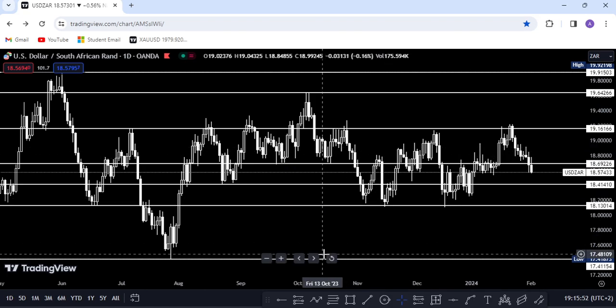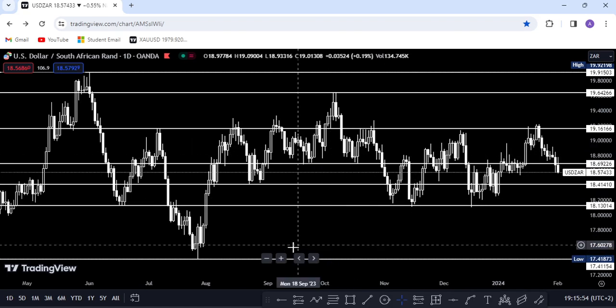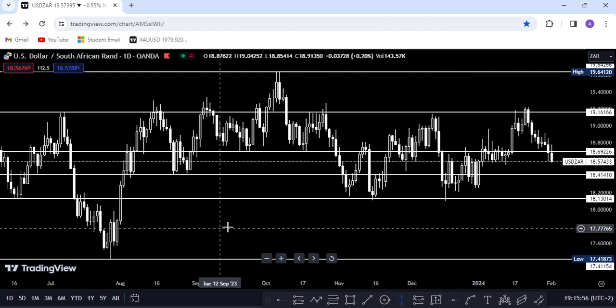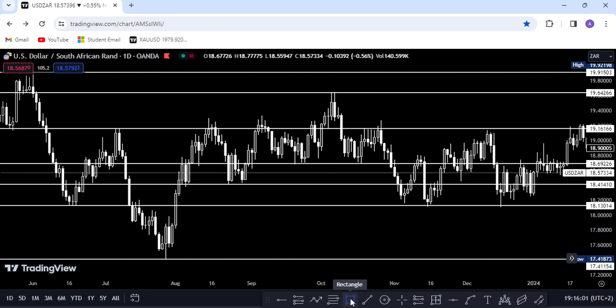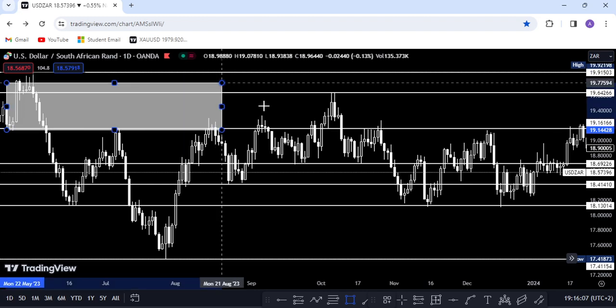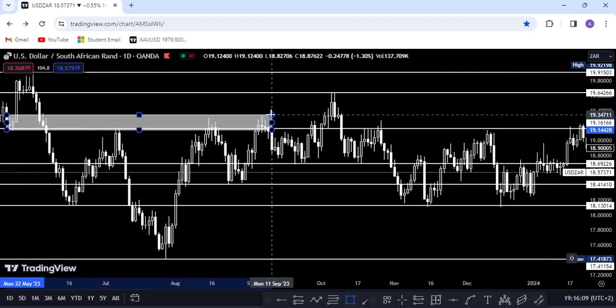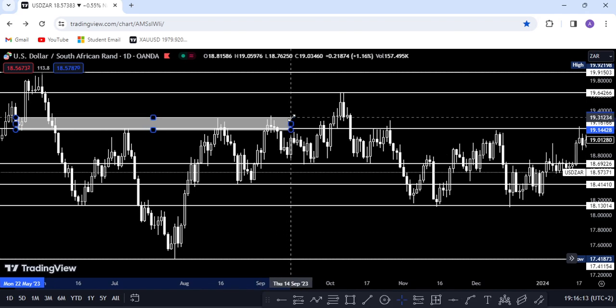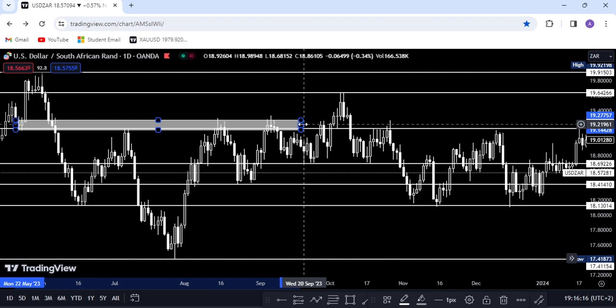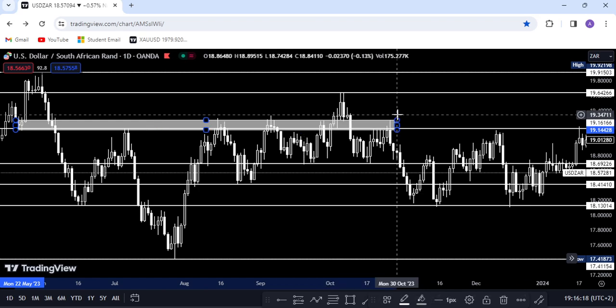I like to use rectangles so that I can cover the fake outs as well, because you need to pay attention to those fake outs. According to my experience, it's important to pay attention to those fake outs.